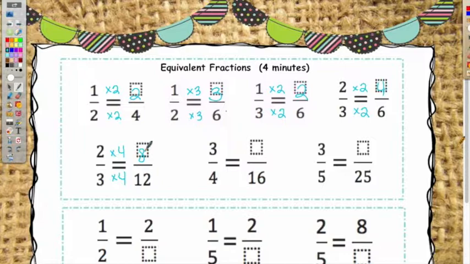Now remember, this is a strategy I'm teaching you to use when it's too hard. 4 times something equals 16. So 3 times 4 equals 12. 5 times something, what is it? So 3 times 5 equals 15.